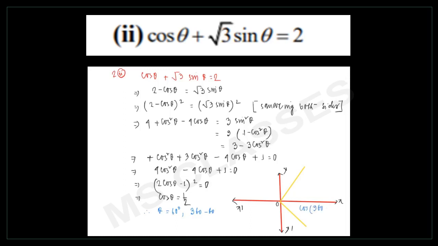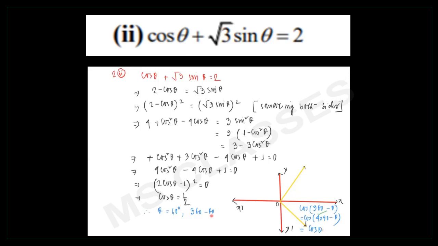Cos 360 minus theta equal to cos 4 into 90 minus theta, and that will give us cos theta only. Why? Because here 4 is an even number and the angle lies in the fourth quadrant, so this will be positive only. So that means we'll get cos 360 minus theta as cos theta only.